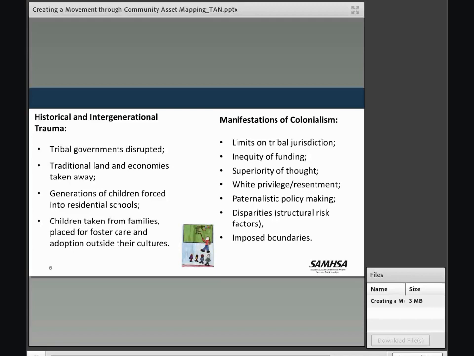Maps were used by policymakers to explain the limits on tribal jurisdiction and inequities in funding. So again, we really want to use community asset mapping as a way to reclaim that mapping and use it in a way that works for our communities.